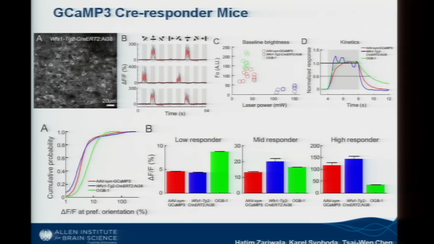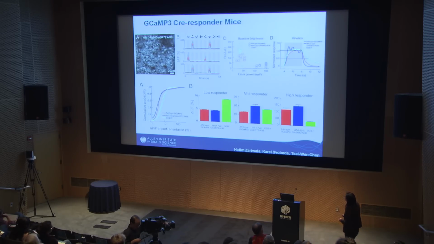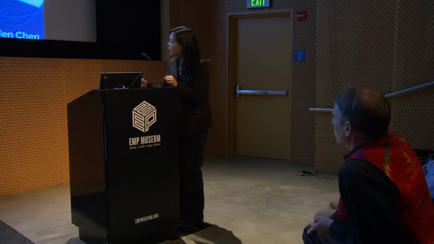However, I should point out that the transgenic expression level of GCaMP3 is still somewhat lower than AAV expression, so it requires higher laser power for this experiment. Other than that, the response properties are very comparable between the transgenic mice and AAV-expressed GCaMP3. And of course, they have differential properties from the calcium dye OGB.